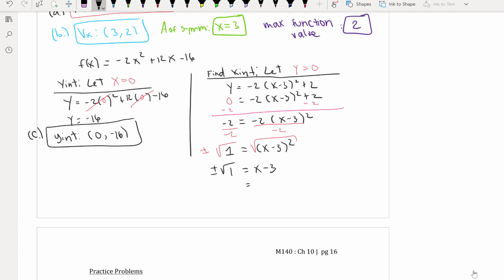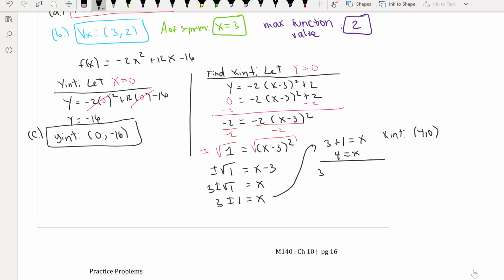And of course, if I add 3 to both sides, I would have 3 plus or minus the square root of 1 is equal to x. So 3 plus or minus 1 is equal to x. So 3 plus 1 is equal to x, so that gives me 4 is equal to x. So therefore, my x-intercept would be (4, 0).